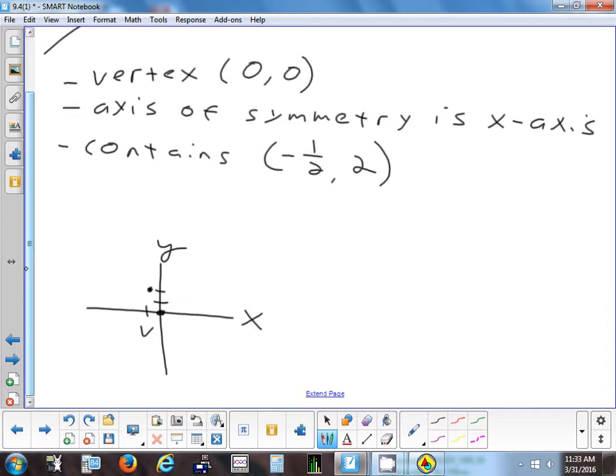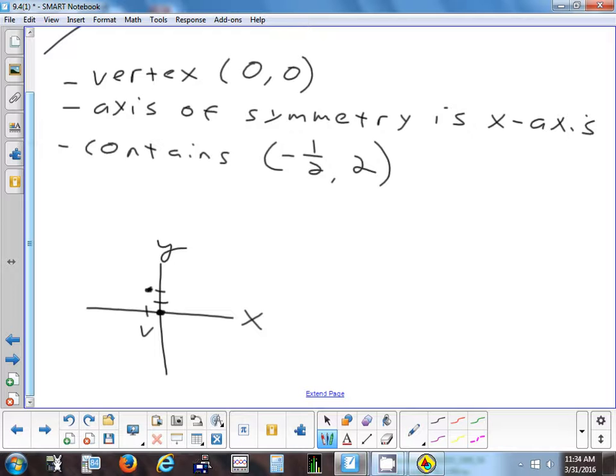Okay, from that, I think we can figure out which way it opens. Here's my vertex. And it contains the point negative 5, 2. And the axis of symmetry is the x-axis. So because the axis of symmetry is the x-axis, it can't be opening up or down.